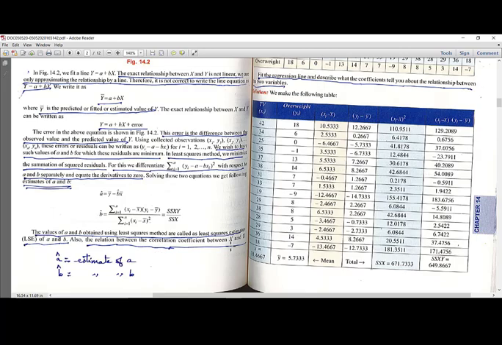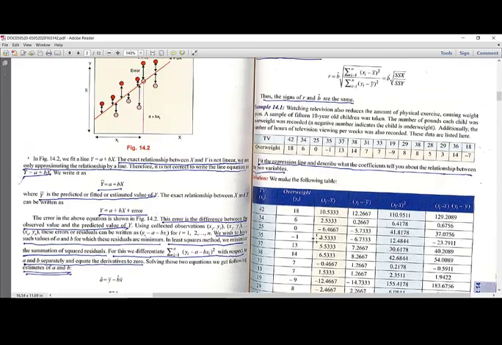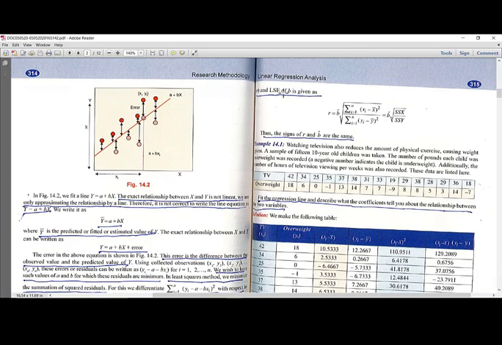Also, the relation between the correlation coefficient r between x and y and the LSE of b is given as r equal to b cap multiplied by the square root of these terms, and this we can write as b cap multiplied by the square root of SSx by SSy. Thus the signs of r and b cap are the same. This is the relation between the correlation coefficient r and this estimate of b.